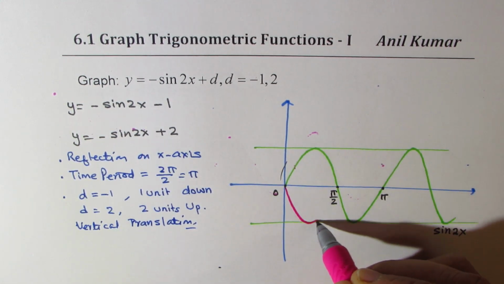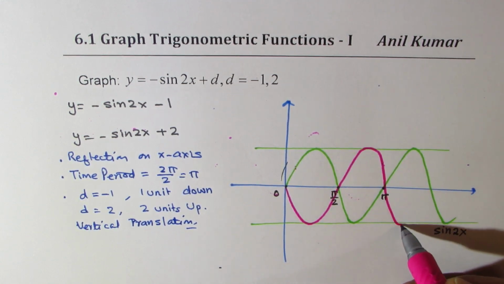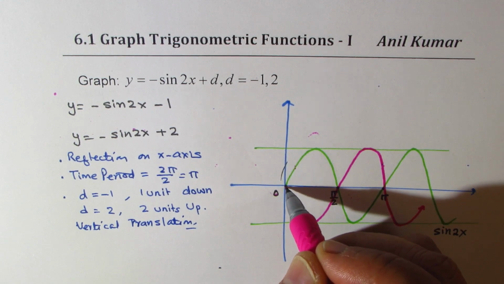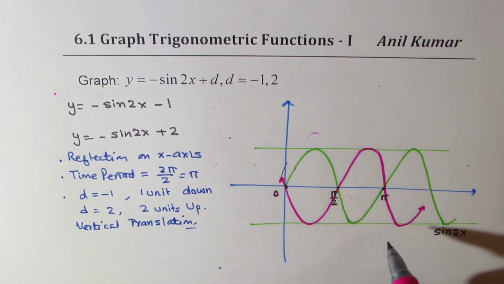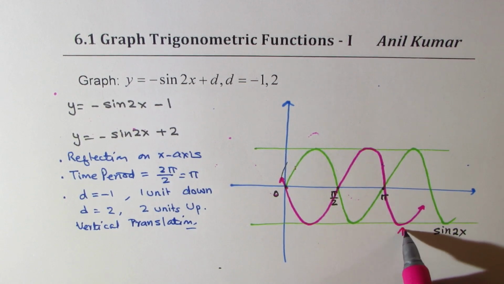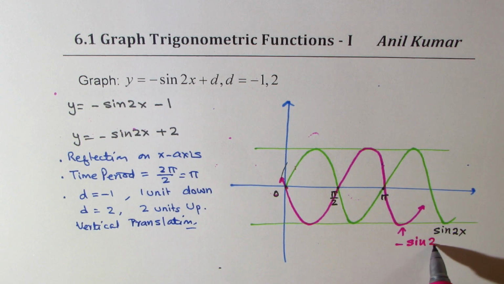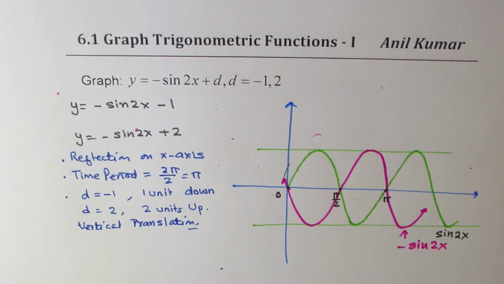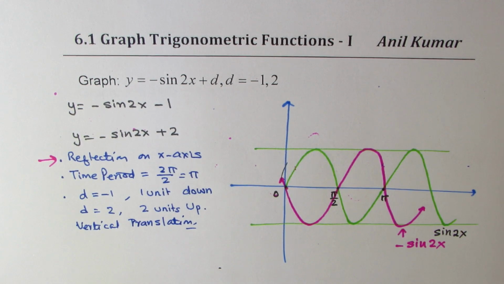So it gets reflected. And this is what you get here, right? So this curve here, basically, what you see here is minus sine 2x. So that is the reflection part. So that is reflected on the x-axis.